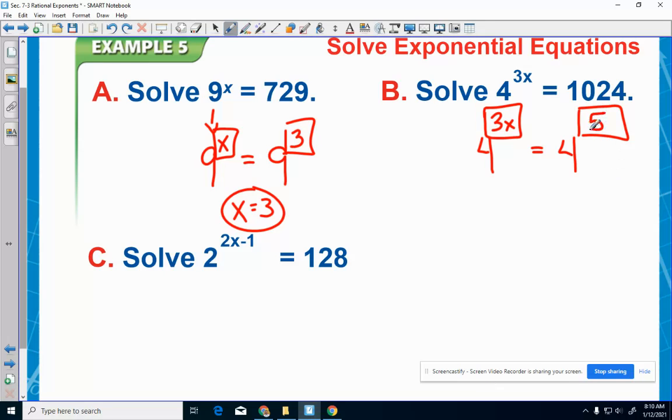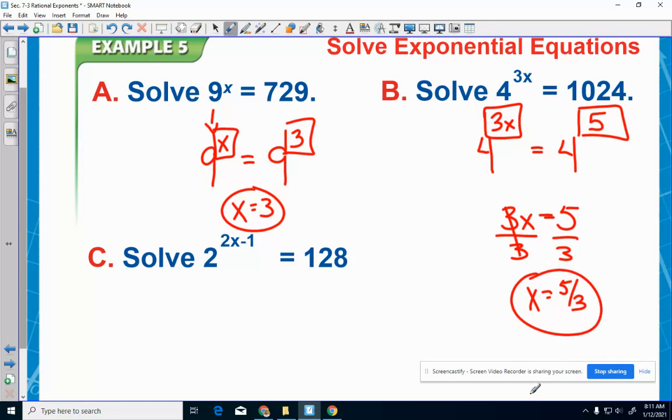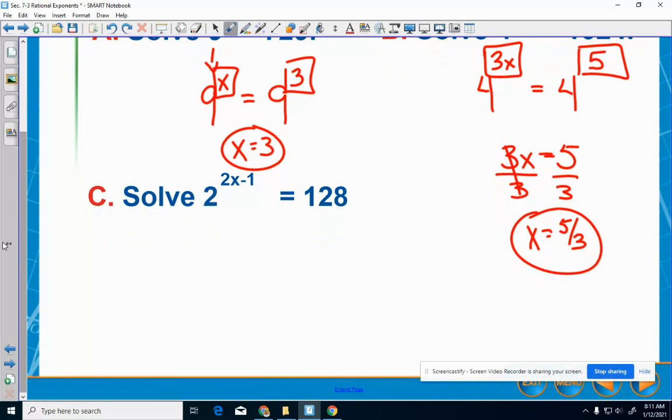Okay, if you solve that, you're going to find out that 4 to the fifth power is equal to 1,024. So if the bases match, they're both 4s, then that must mean that the exponents match. So that must mean that 3x has to be equal to 5. Well, if 3x is equal to 5, and I divide both sides by 3, then x is equal to 5/3, or you could say 1.6 repeated. Okay, probably easier to leave it as 5/3. So if you want to solve an exponential equation, you must make the bases on both sides match each other.